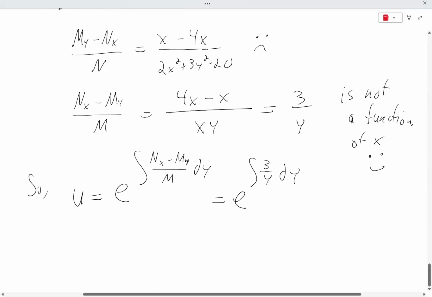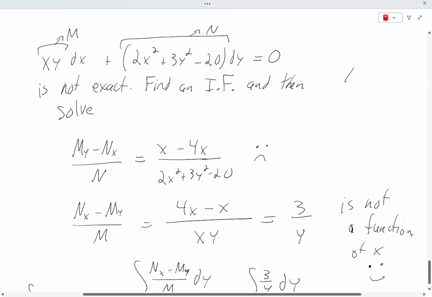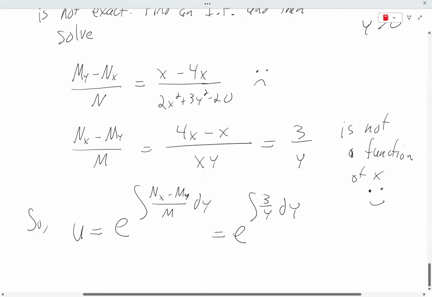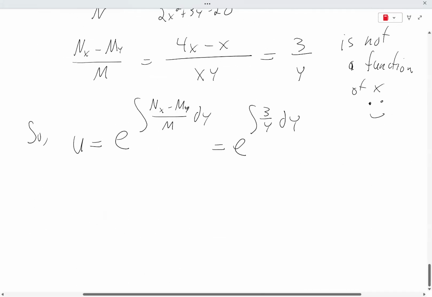Oh, by the way, we're going to assume y is greater than 0 here. I'll just write this down. We'll be able to get rid of the absolute value that way.